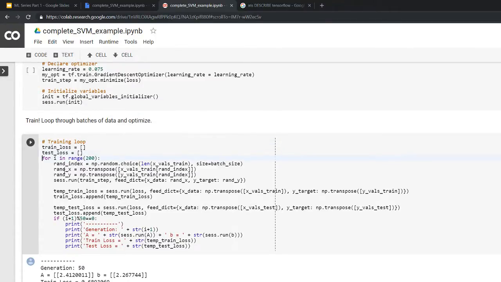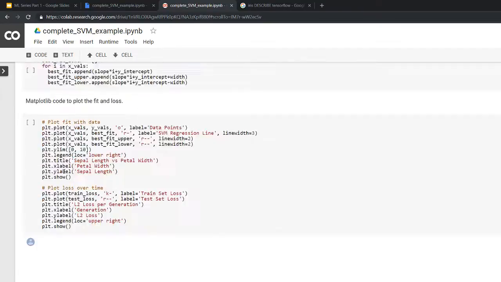So basically, this is just the standard training process. We load the training data and test data into these placeholders, and then we train. And for every 50 iterations, we print out the current loss.